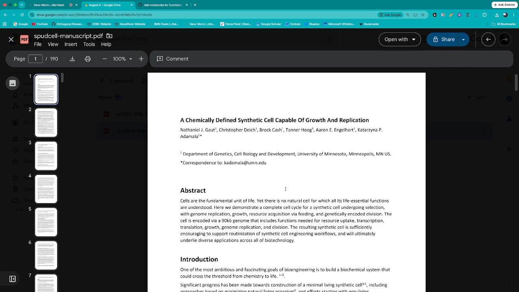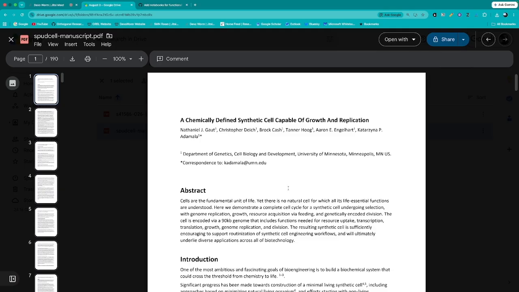The first one is this paper. This has been getting attention from different people interested in the origins of life. It came out about a month ago, maybe, and it talks about this idea of building a synthetic cell.